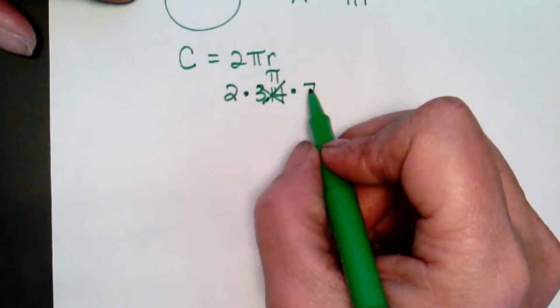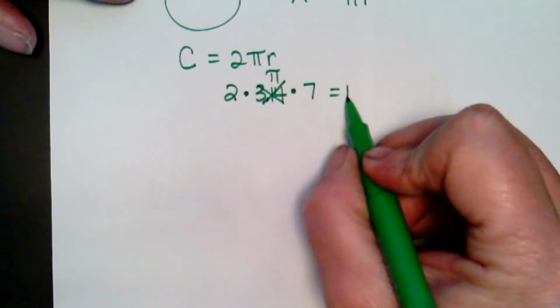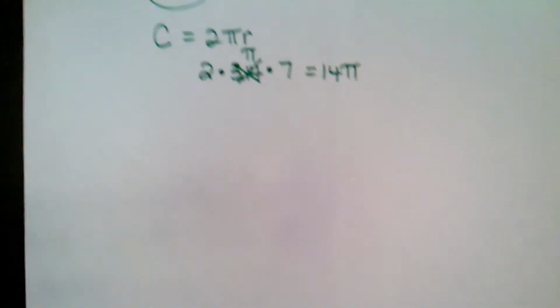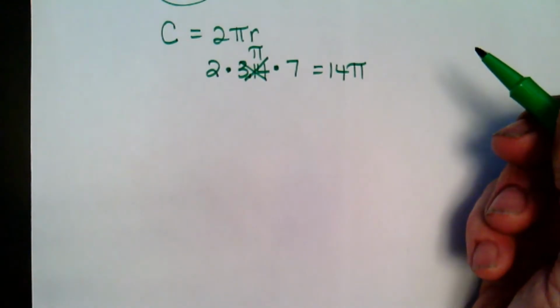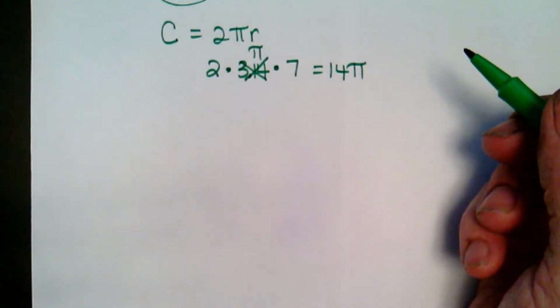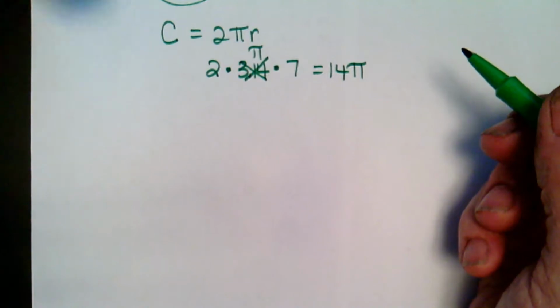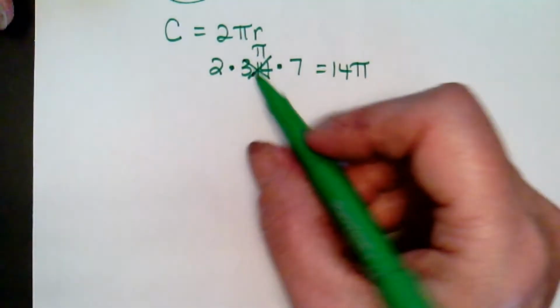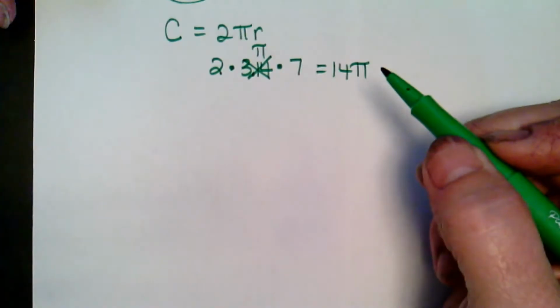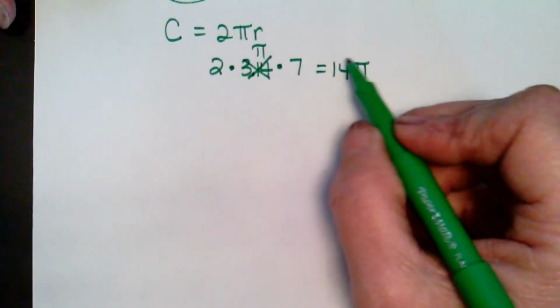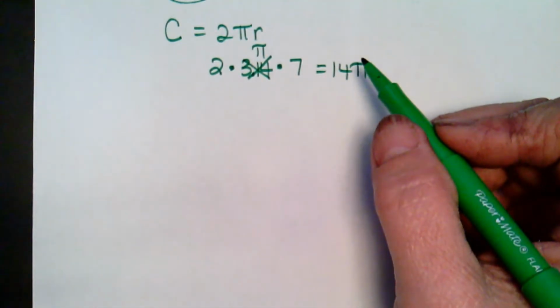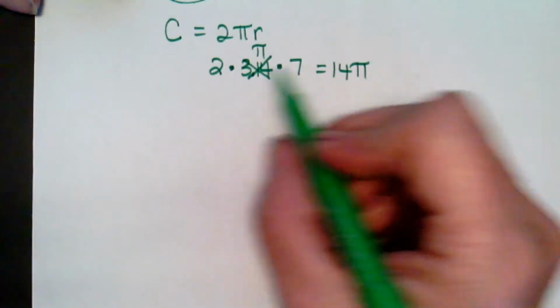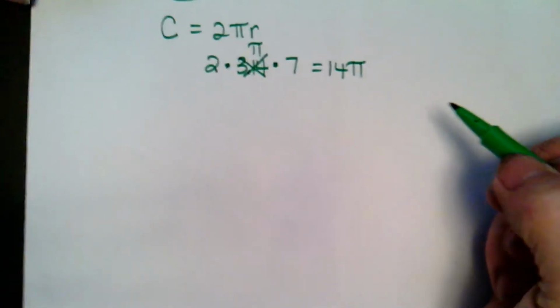So we don't have to do anything more than 2 times 7, which is 14, and then put the little pi after. The reason they want you to do this is it's an exact answer. Pi is a never-ending number. It's 3.14 and it goes on forever. So when we shorten it to 3.14, it isn't an exact answer anymore. It's a close answer. So they like to leave it in terms of pi.